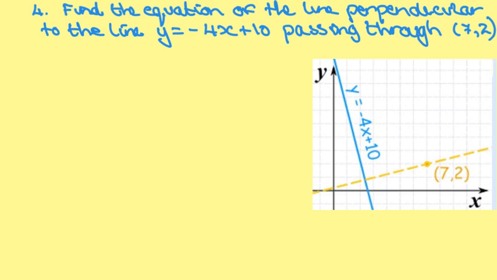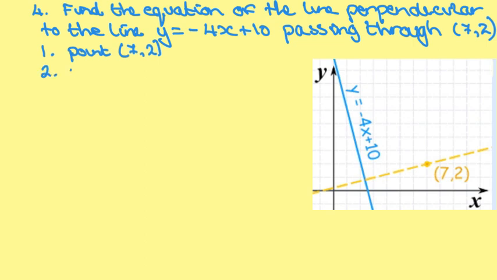Question 4. Find the equation of the line perpendicular to the line y equals minus 4x plus 10 passing through 7, 2. So again, we need a point, which we've got. The point is 7, 2.